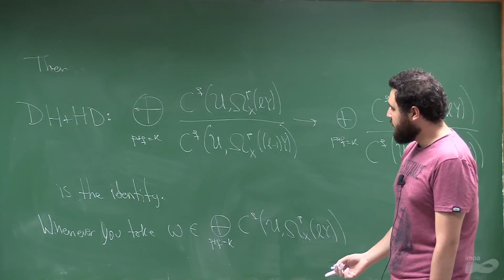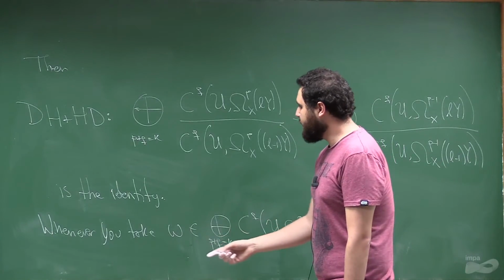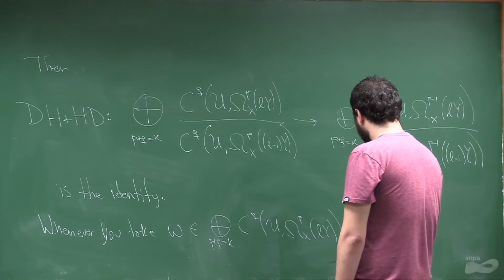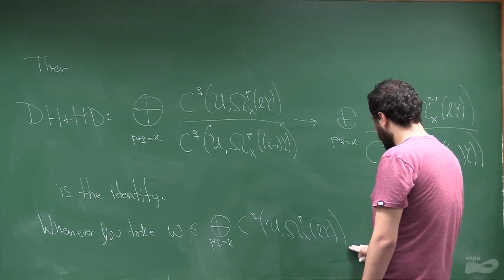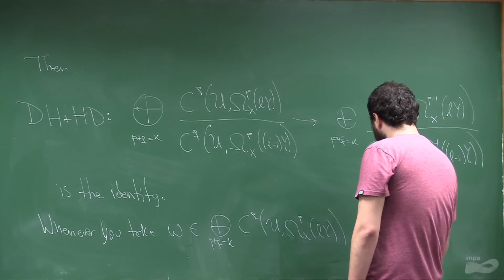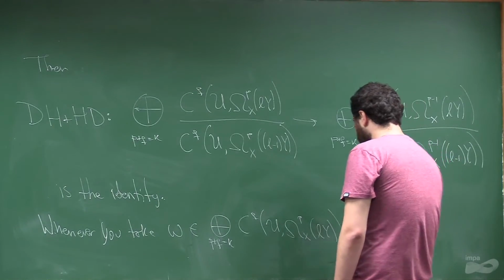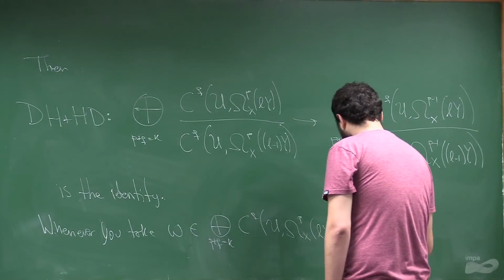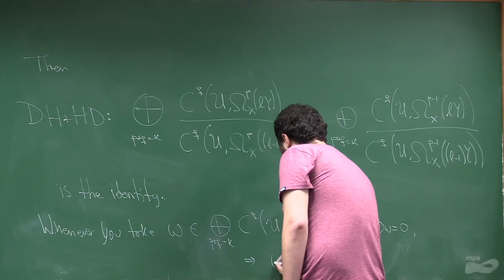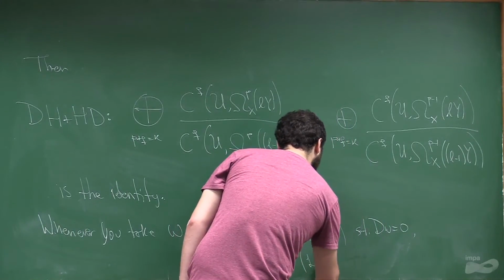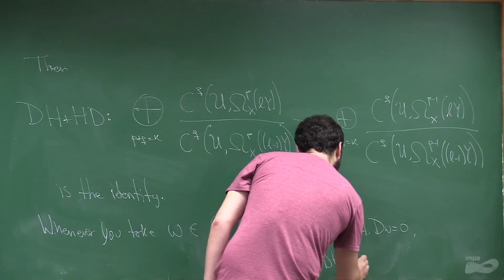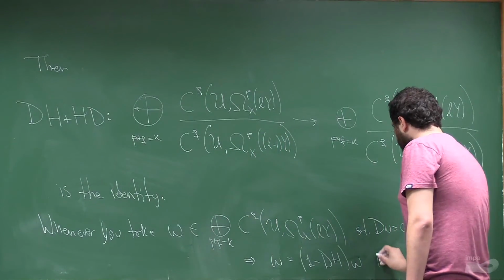And then when you apply the operator, and you take omega such that d of omega is 0, then in the hypercohomology, omega will be exactly the same as omega minus dh omega.